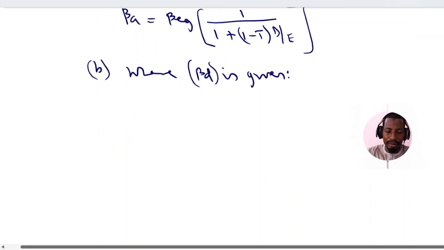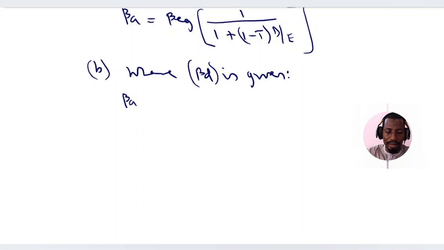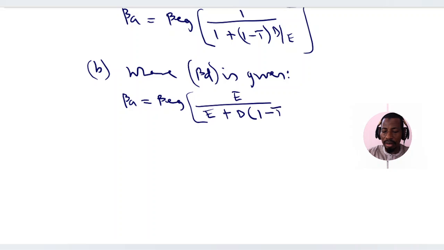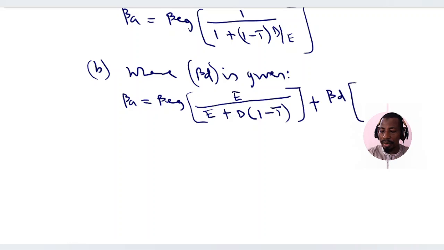And the extended formula is calculated as beta assets equals beta equity of a gear multiplied by equity value over equity value plus debt value 1 minus tax rate of the proxy company, plus debt beta multiplied by debt value multiplied by 1 minus tax over equity value plus debt value 1 minus tax.